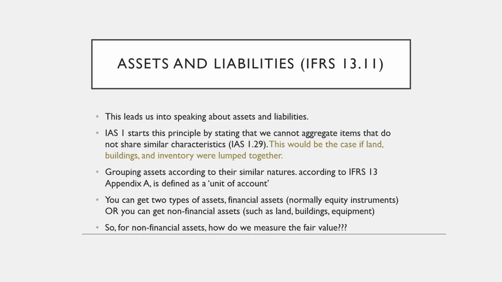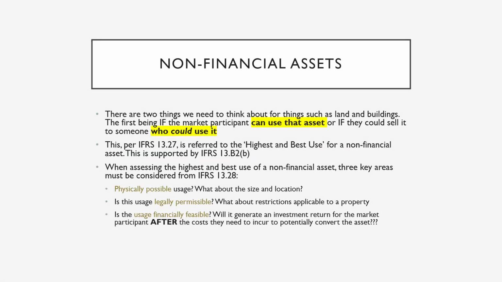So for non-financial assets, how do we measure the fair value? Two things to think about when we speak about the land, equipment, and buildings. First one is, can the market participant use this asset, or can they sell it to someone who could use it?